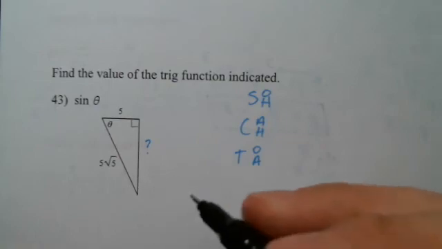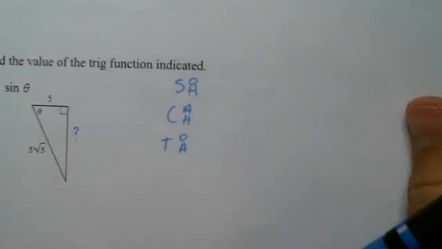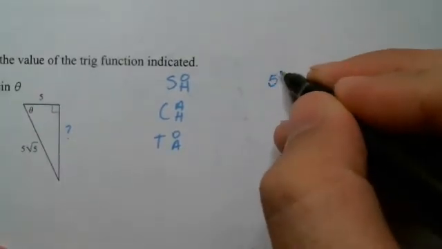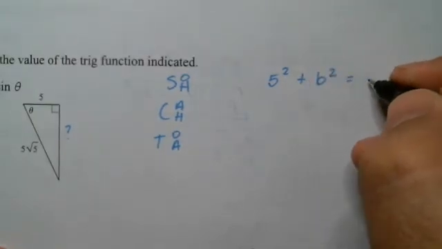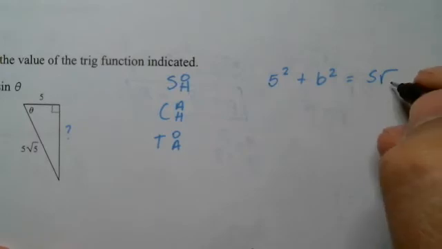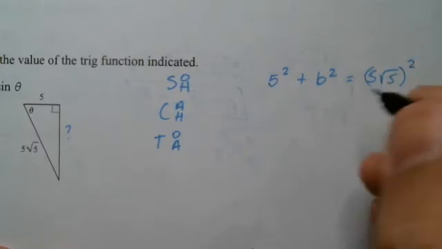How am I going to do that? Use the Pythagorean theorem. 5 squared plus b squared is equal to 5 radical 5 squared.